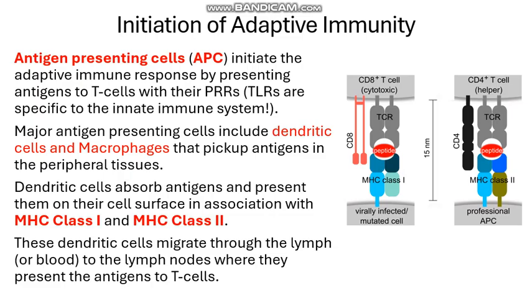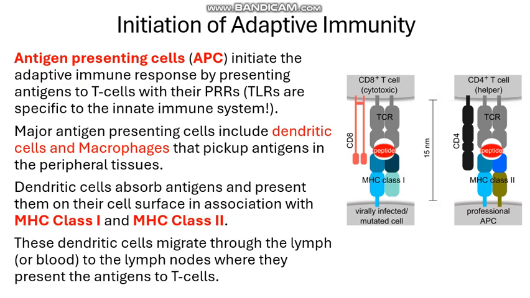So this is the same kind of concept that we were talking about before with our PRRs, our pathogen recognition receptors, but just make note that toll-like receptors aren't involved in the adaptive immune response. Toll-like receptors are specific to the innate immune system. So MHC just stands for major histocompatibility complex.